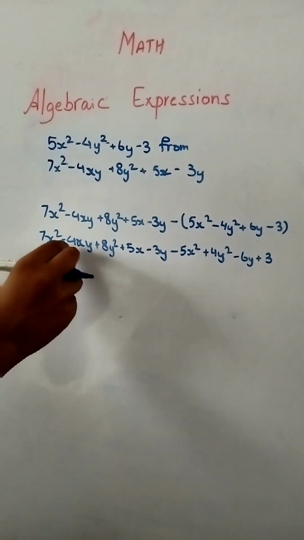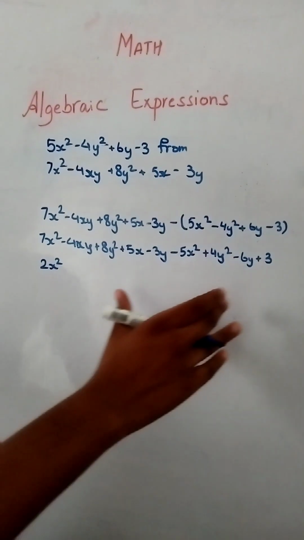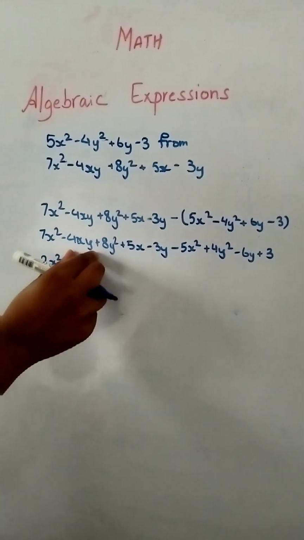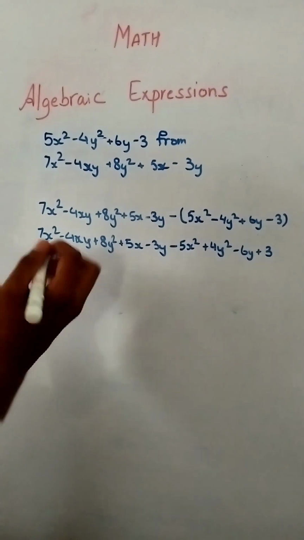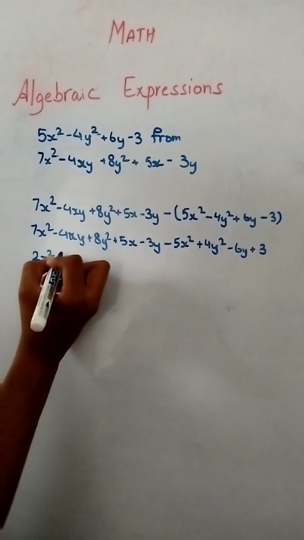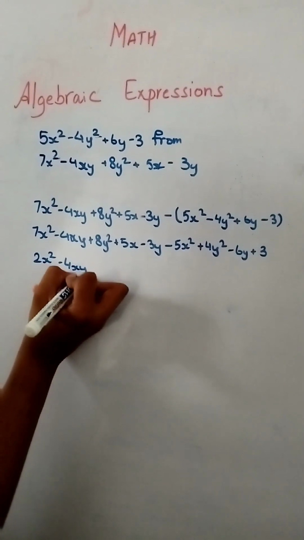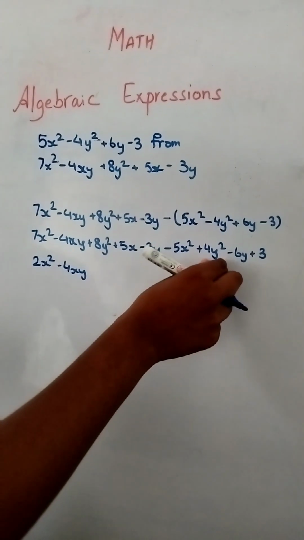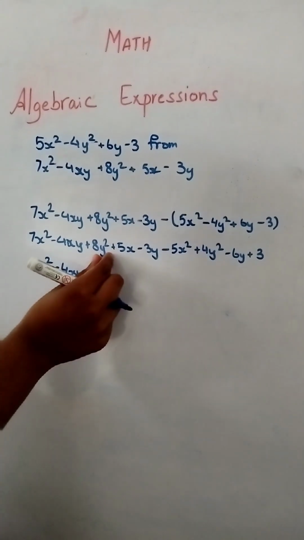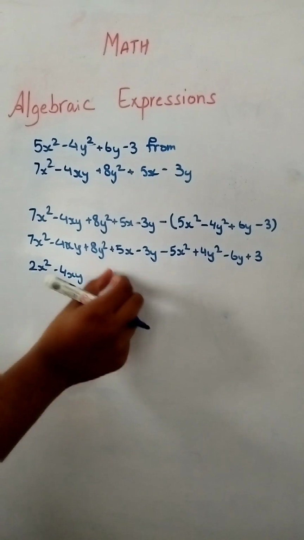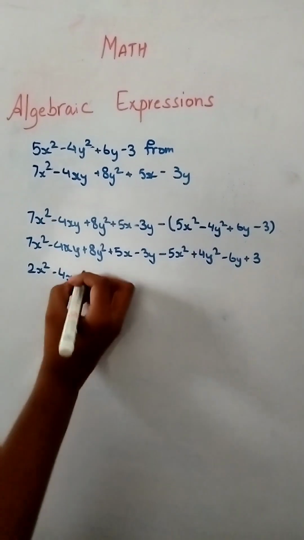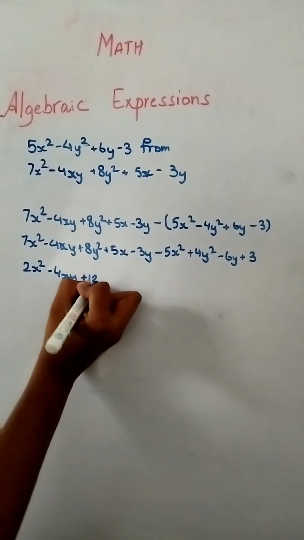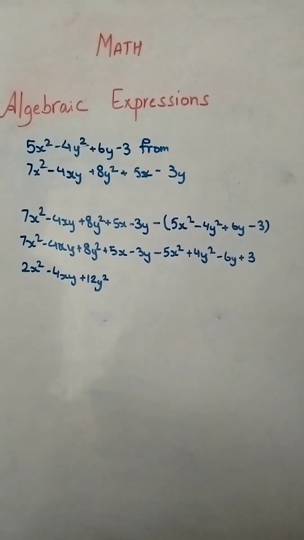Now there's no other term with the variables xy, only 4xy, so we can put that down directly. There's another expression with y square as the variable, so we can do 8y square plus 4y square, which gives 12y square.